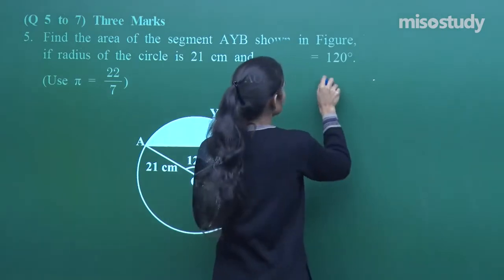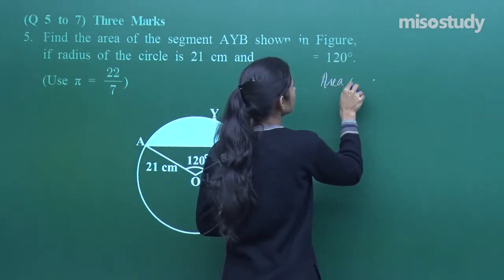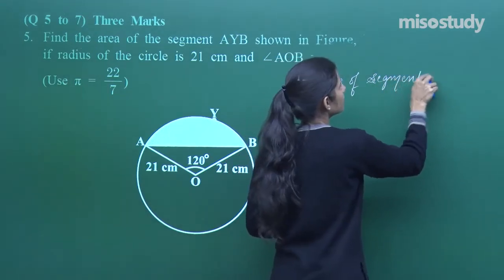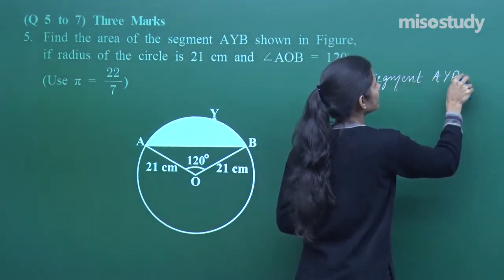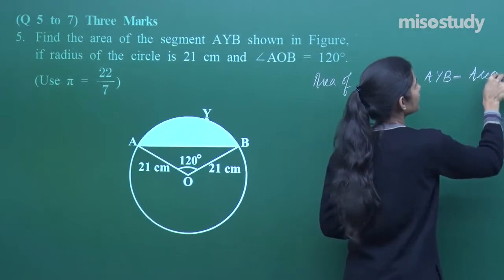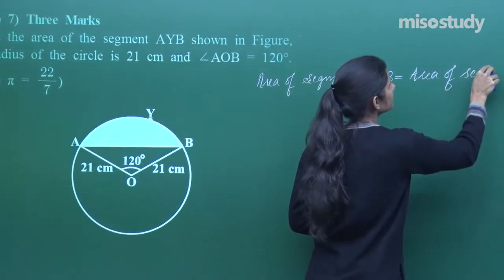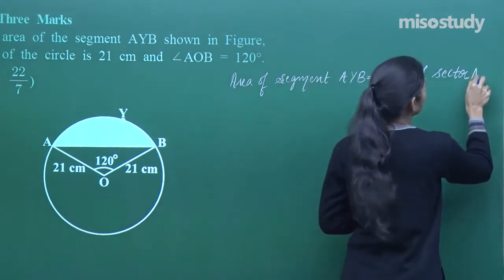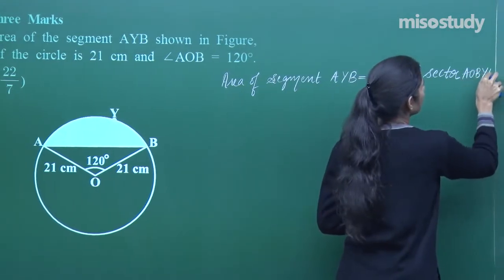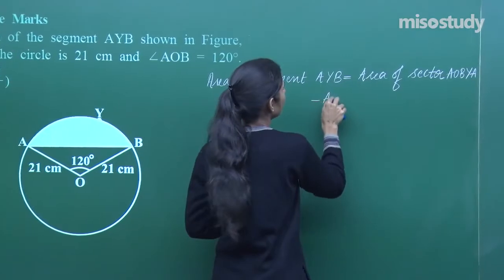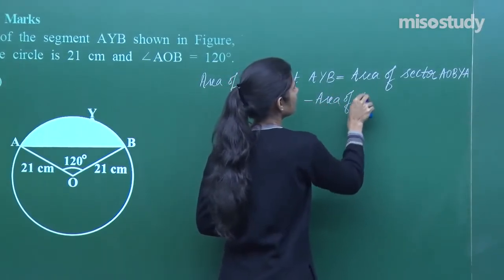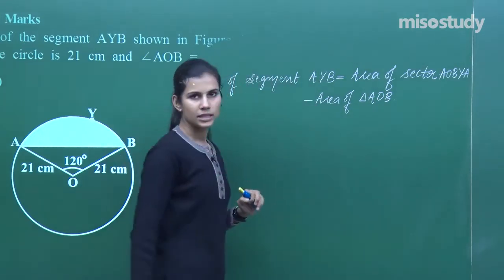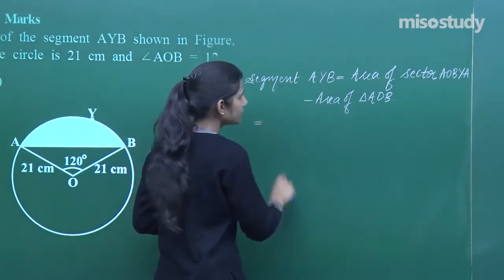So area of segment AYB is equal to area of sector AOBYA minus area of triangle AOB.